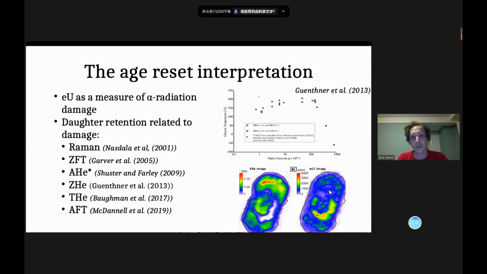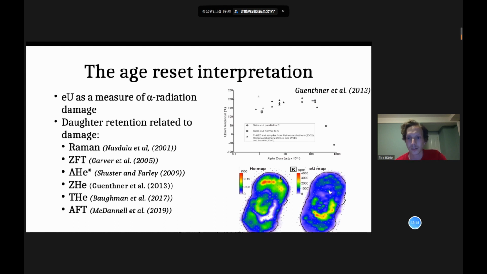The idea is that as the radiation damage destroys the structure of a mineral, of a zircon or a titanite or an apatite, the retentivity for the daughter product of the dating method changes with radiation damage and is therefore dependent on the effective uranium.